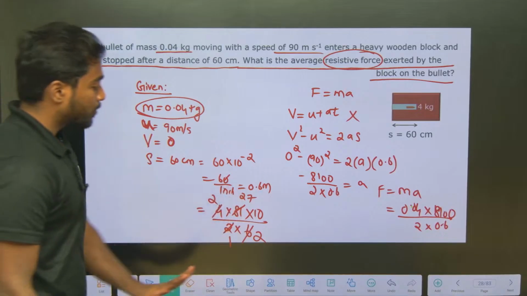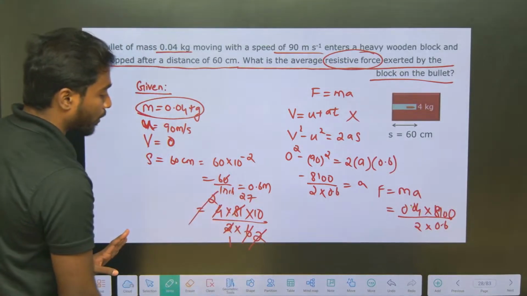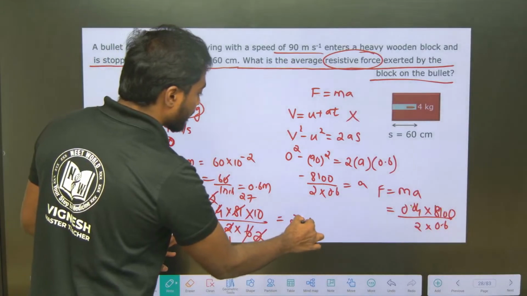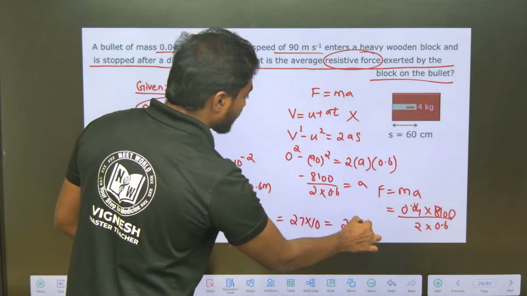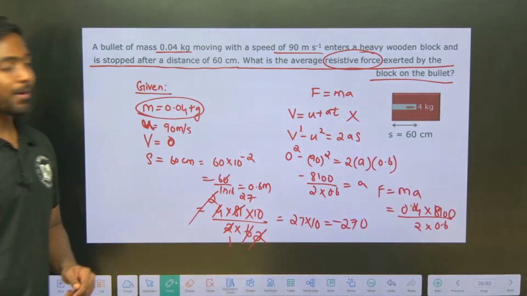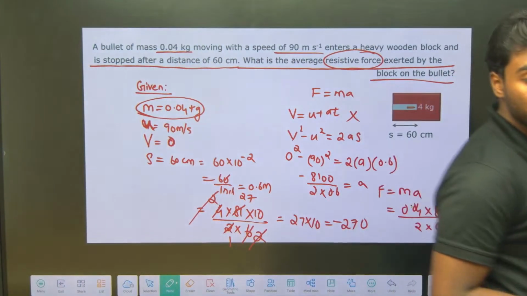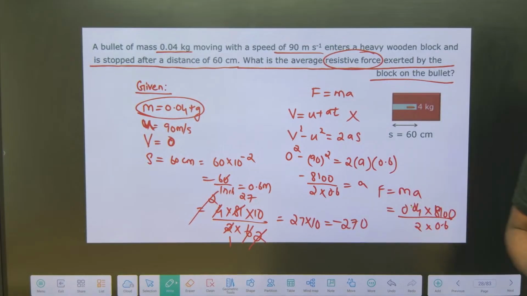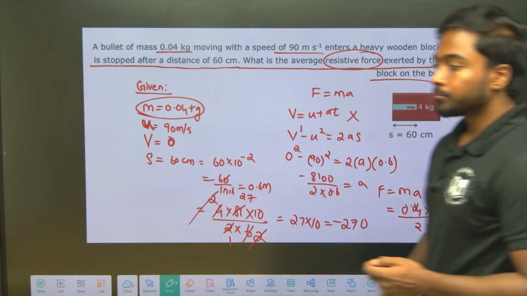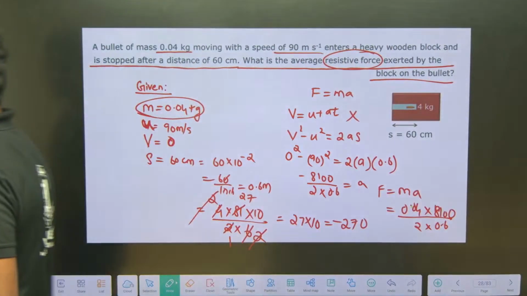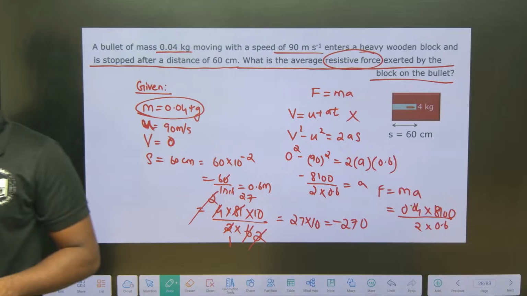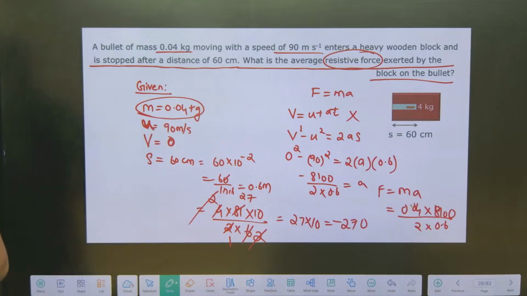So 27 times, and these 2 and 2 will get cancelled again. So 27 into 10, which is nothing but 270, and with the minus sign, minus 270. So minus 270 is the answer for this question. Minus 270 Newton, or kg meter per second square. Okay, I hope it's clear now.